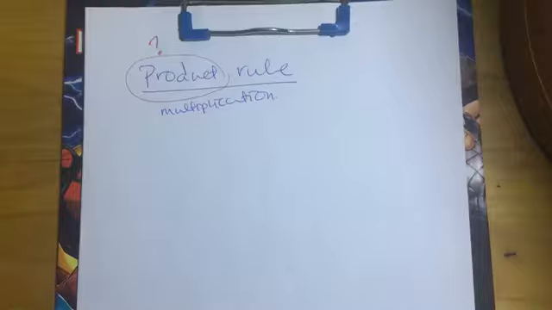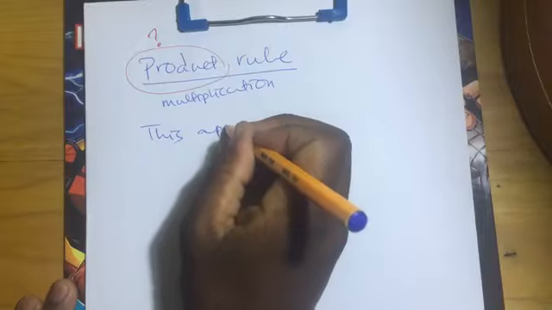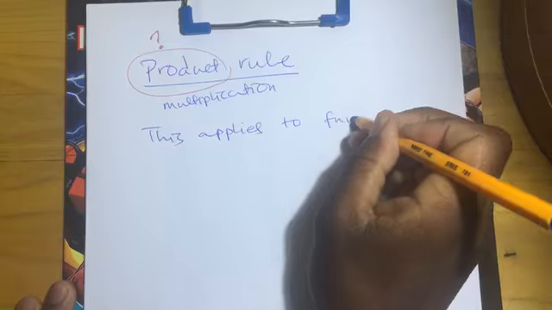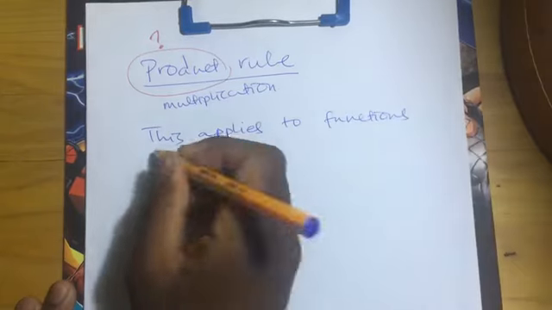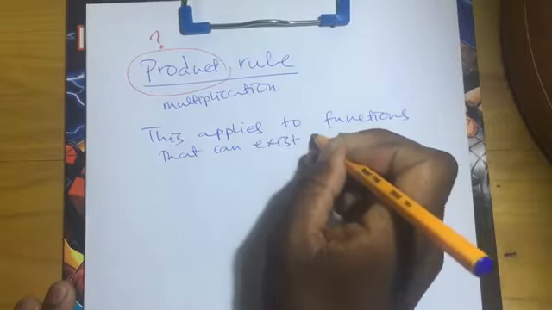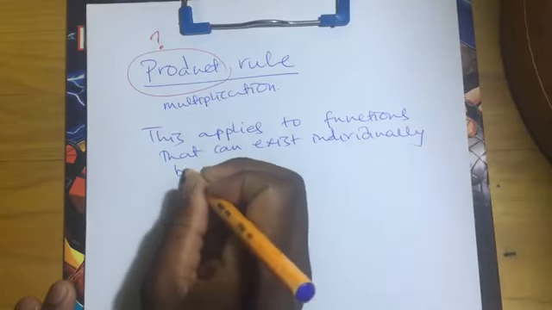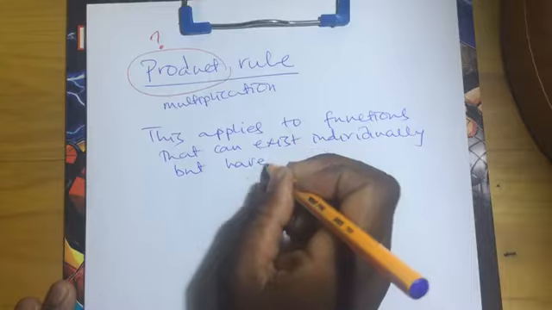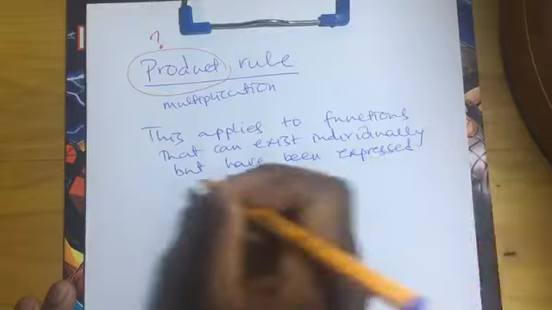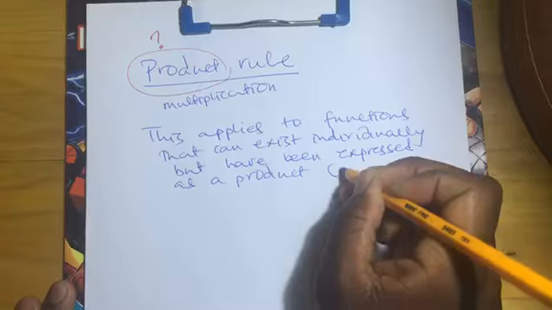So product rule is going to apply to functions. So this applies to functions that can exist individually but have been expressed as a product or multiplied.